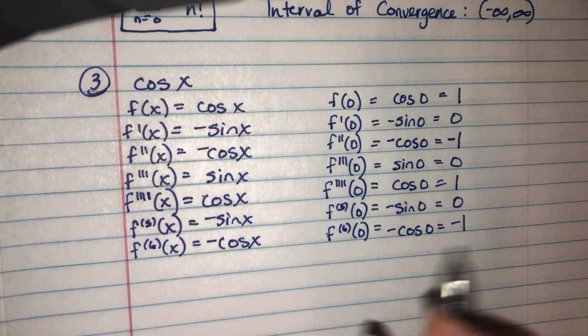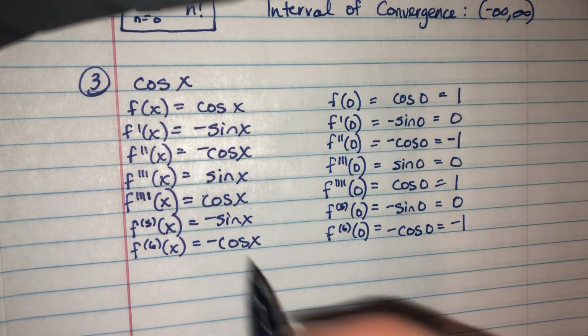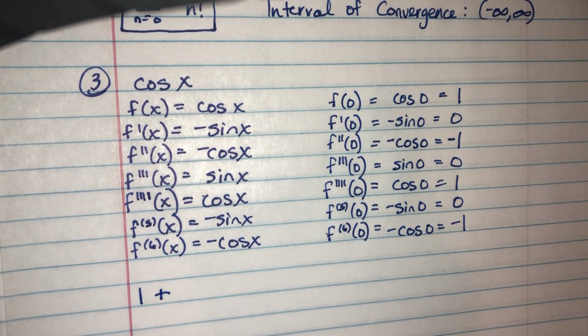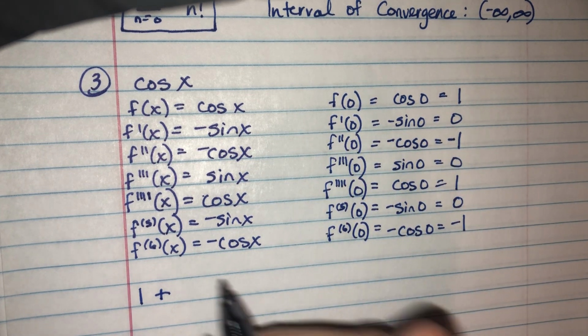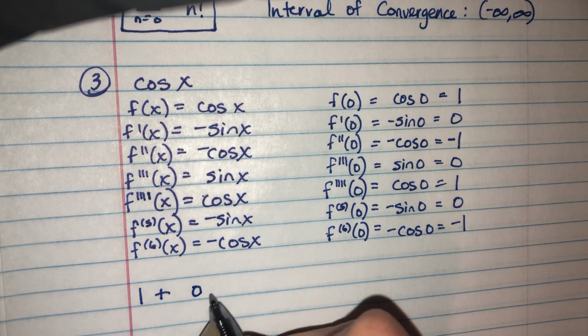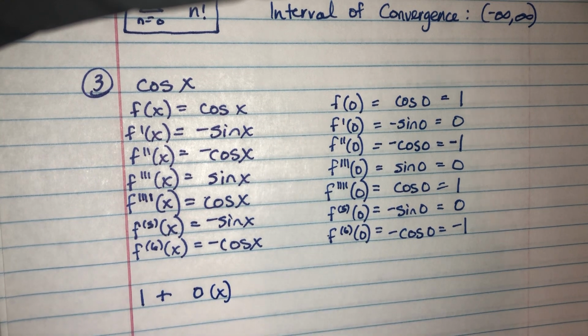So the first term is f of 0, which is 1, plus. The second term is f prime of 0, which is 0, times x.